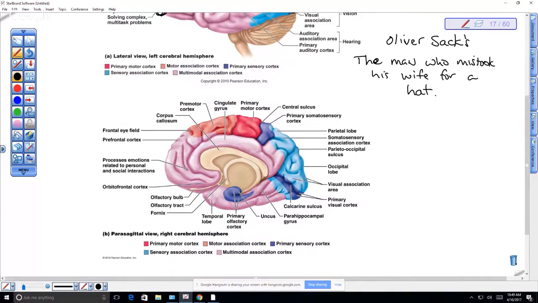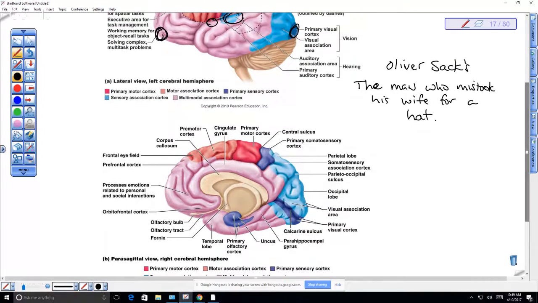So one of the interesting things, if we go back up here and we're looking at the primary motor cortex and the primary somatosensory cortex, is that these form homunculi, which means little person. So they have mapped the areas of the body to specific regions of the brain.